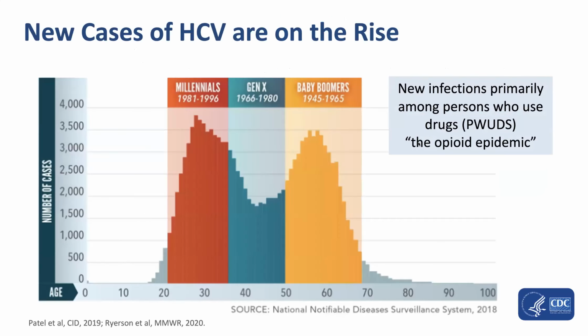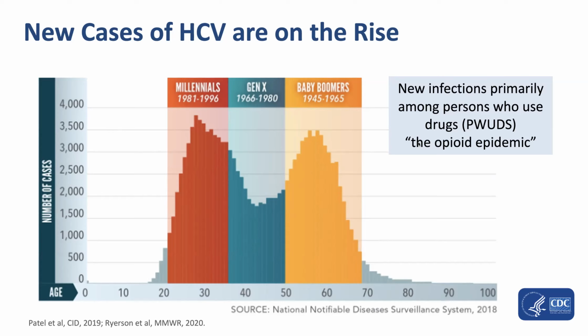The reason that the guidelines around screening changed was because our epidemiology has changed. The baby boomers, shown in this figure, remain a group where we see a high prevalence of hepatitis C cases. These are individuals who were infected decades ago, most of them in their 20s and 30s.